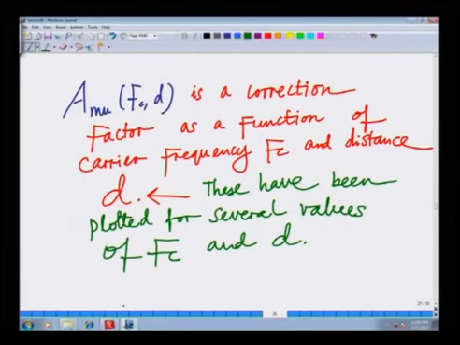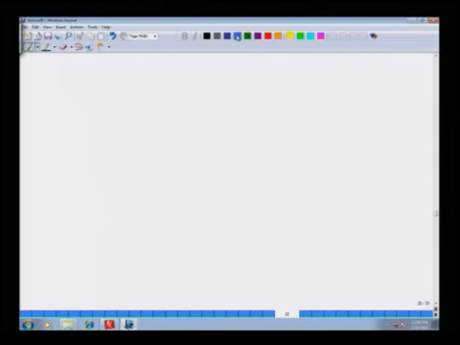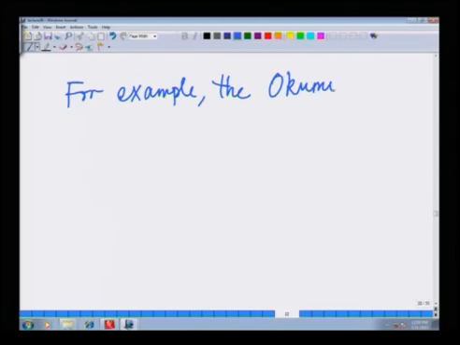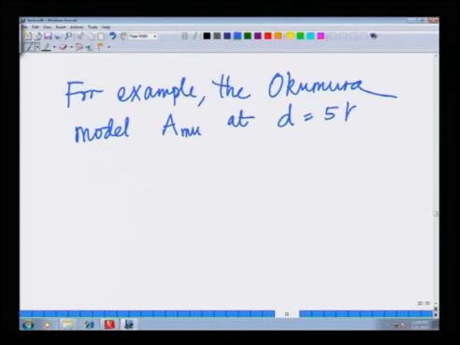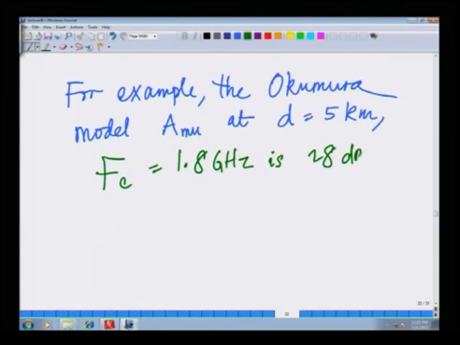Hence, if I go back here, for example, in the Okumura model, A mu at d equals 5 kilometers and fc equals 1.8 gigahertz is 28 dB.